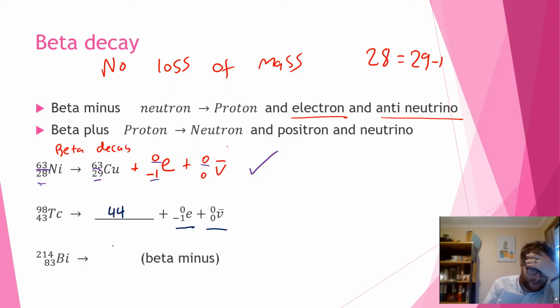The other way you can check this is, well, 43, we've got a minus 1, so 44 minus 1 is 43. I've already said the mass number doesn't change, so 98, we've got 0, 0, so that's balanced. Top's balanced, the bottom's balanced, we're done.